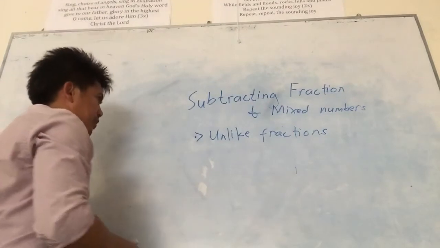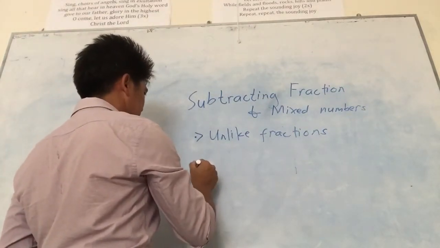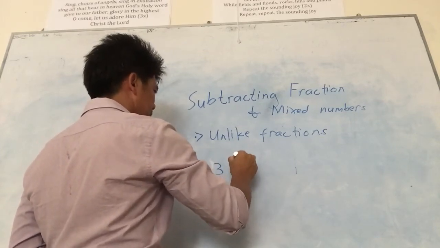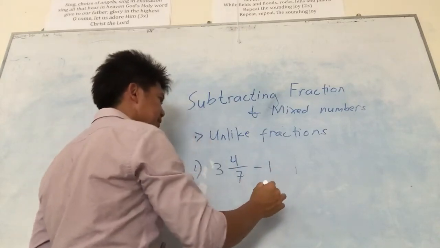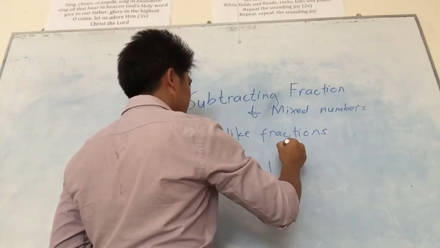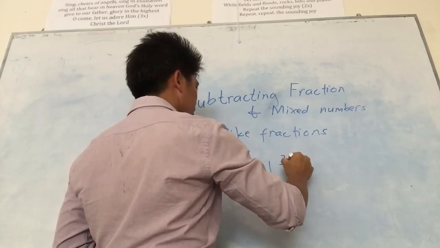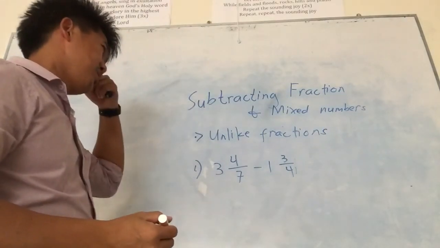Okay? So, for example, 3 4/7 minus 1 3/4. Okay? Minus 1 3/4.